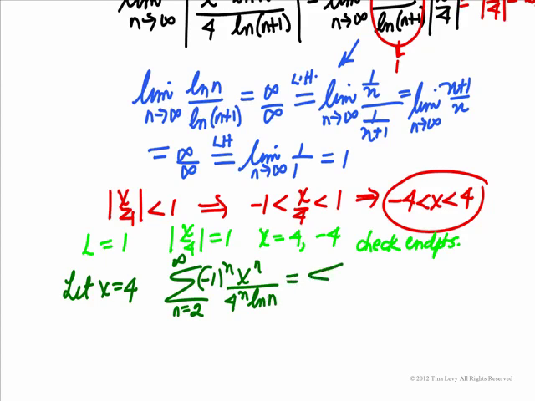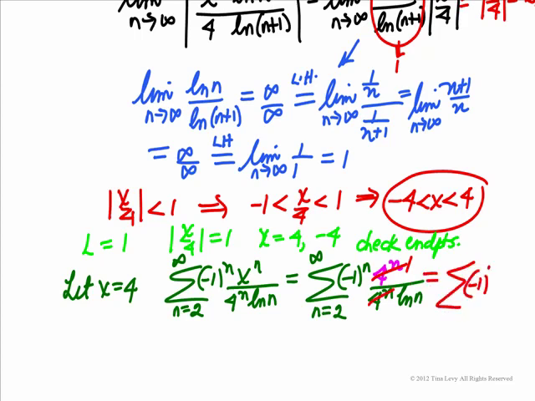And that becomes, as n goes from 2 to infinity, (-1)^n, plugging in 4, I get 4^n divided by 4^n log n. The 4^n cancels, and I am now looking at the alternating series 1 over log n as n goes from 2 to infinity.